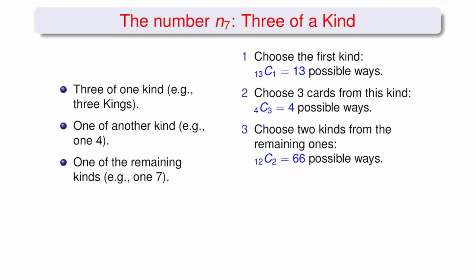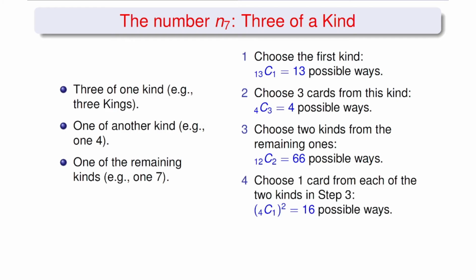Step 4, we choose 1 card from each of these 2 kinds in step 3. So that's 4 choose 1 raised to power 2. That's 16 possible ways.